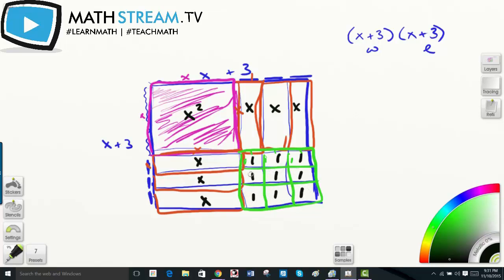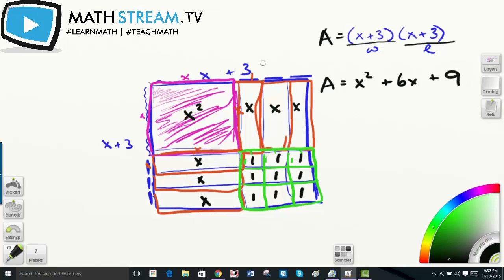Knowing that, what is the area of this figure? Either we can say the area is width times length, or we can say the area is x squared plus a bunch of x's, 1, 2, 3, 4, 5, 6 x's to be precise, and a bunch of 1's, 1, 2, 3, 4, 5, 6, 7, 8, 9 1's.